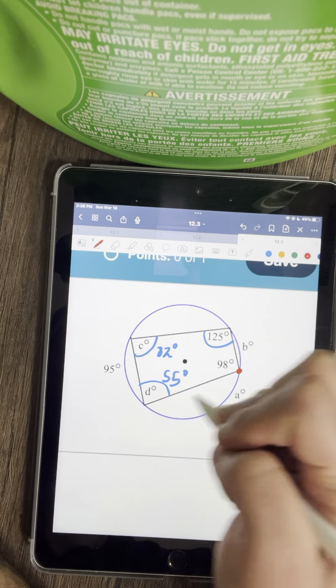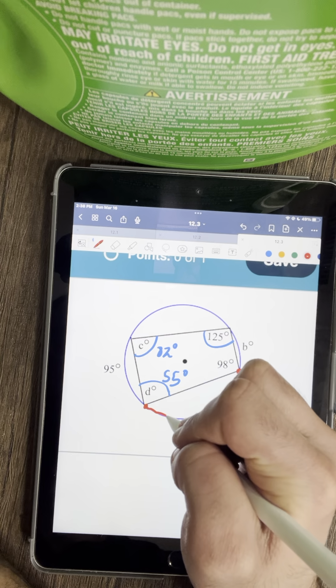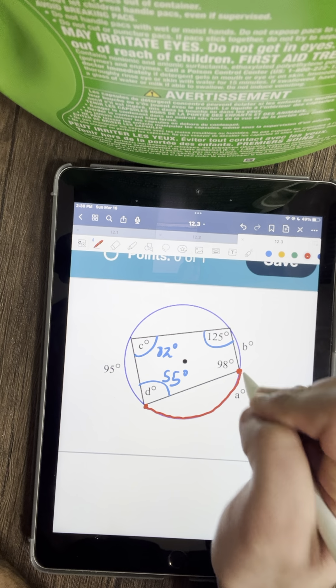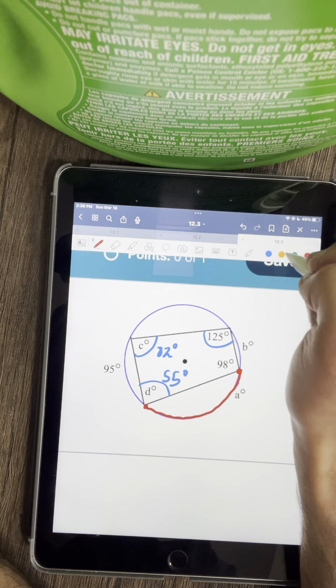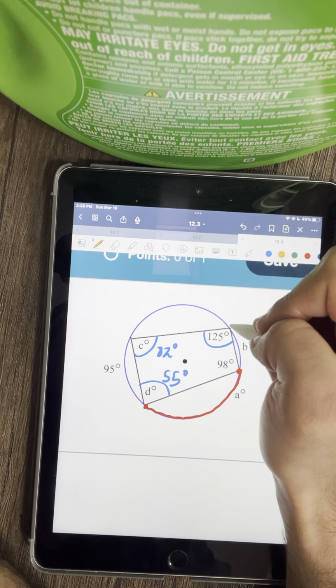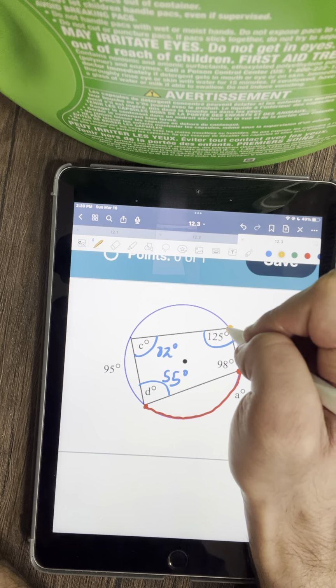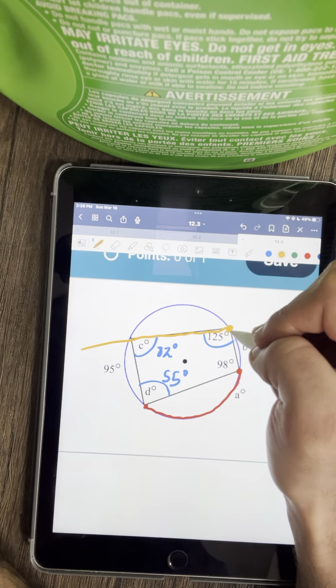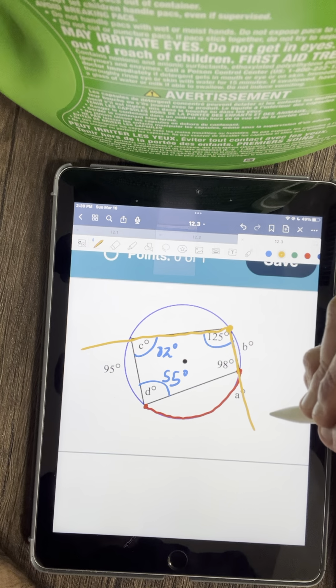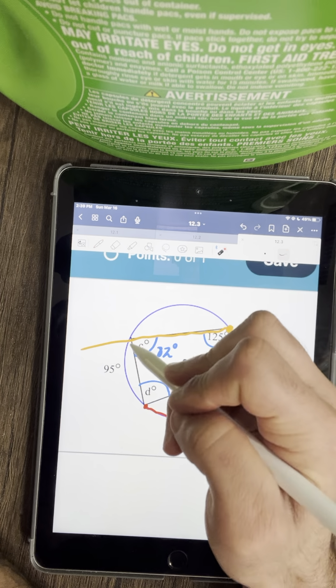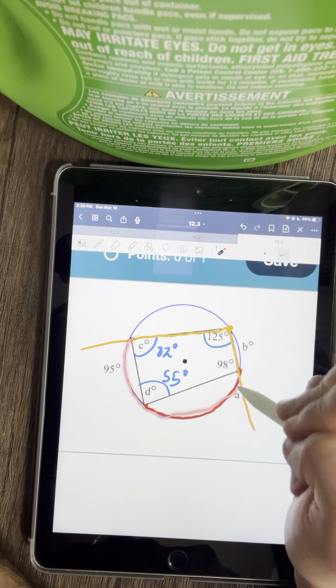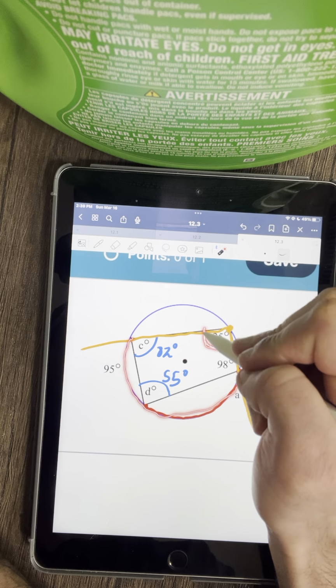So now, let's find A first. A is this arc right here. So what angle represents that arc? Well, I can think of a few, but I'm going to lock into this one. Because look, if I extend it over there and over here, I know that this entire arc is double of the inscribed angle.